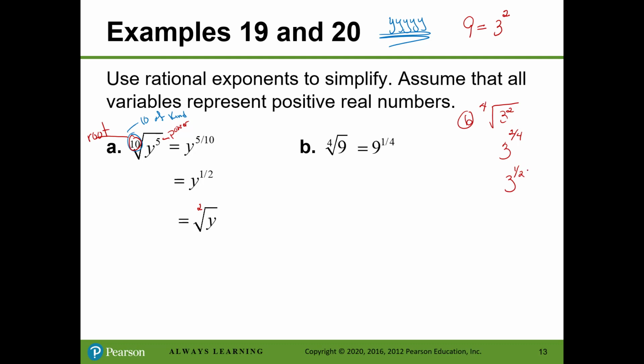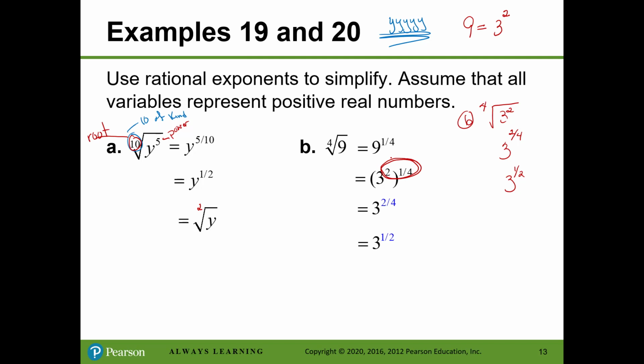They rewrote it with the radical first, switched to an exponent, and then they realized, hey, 9 is 3 to the 2nd. And then they multiplied their exponents together, and then they finally got what we got, 3 to the 1/2.